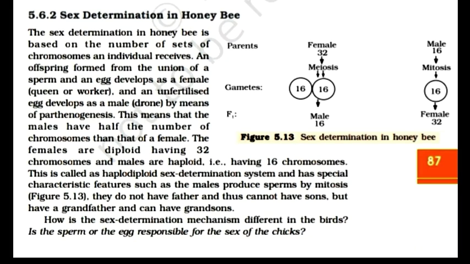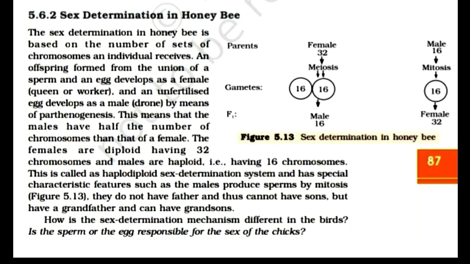Sex determination in honeybees. The sex determination in honeybee is based on the number of sets of chromosomes an individual receives. Offspring formed from the union of a sperm and an egg develop as a female, queen or worker, and an unfertilized egg develops as a male drone by means of parthenogenesis. This means that the male has half the number of chromosomes of a female.